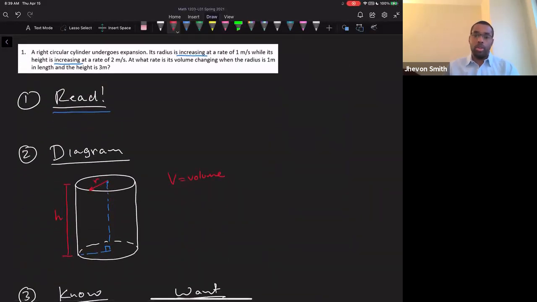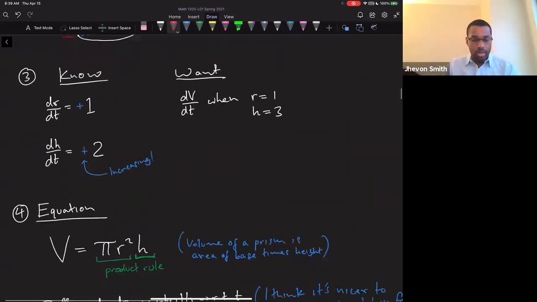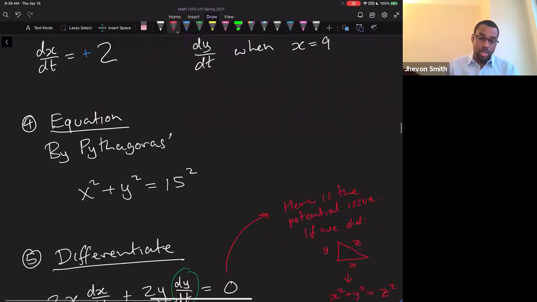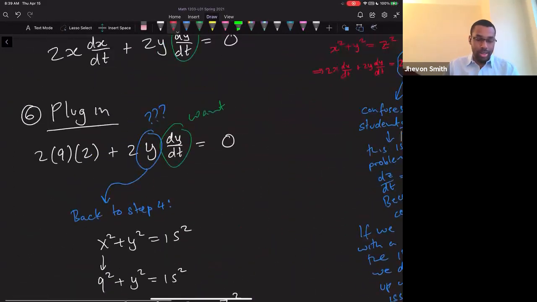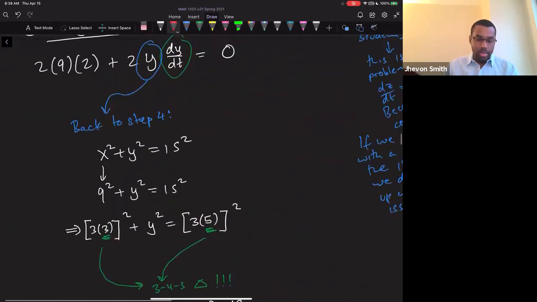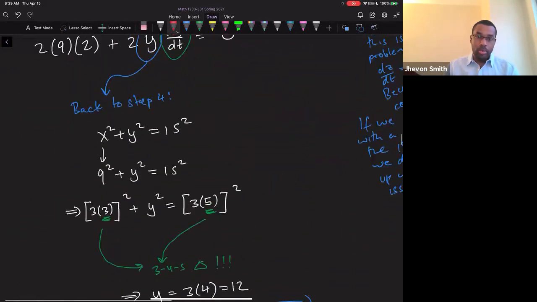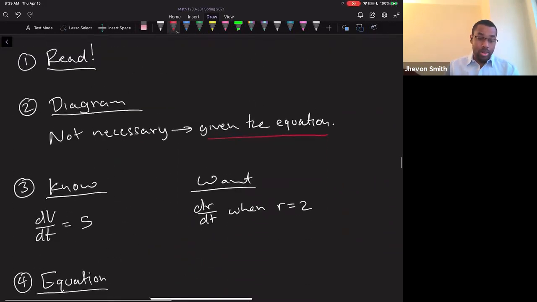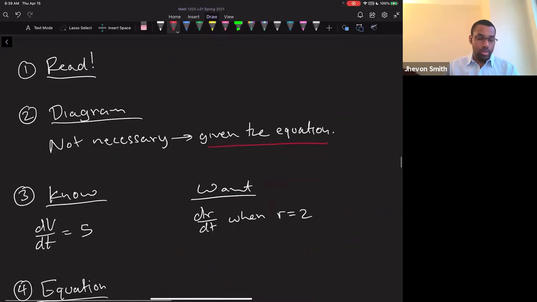We did a bunch of examples going through that. You see it's read, diagram, what you know, what you want, equation, differentiate, plug in. In one case, we had to go back to step 4. In another, the diagram was not necessary since we were given the equation.